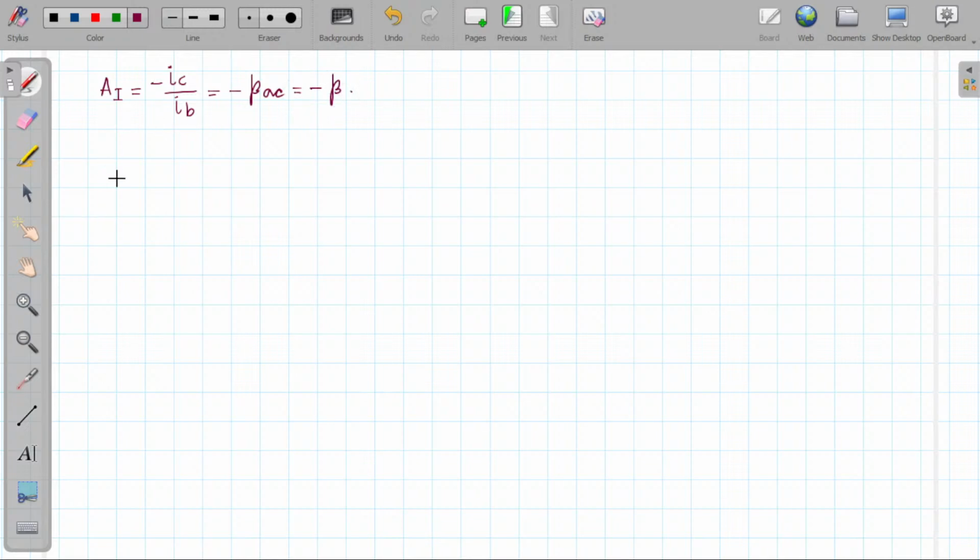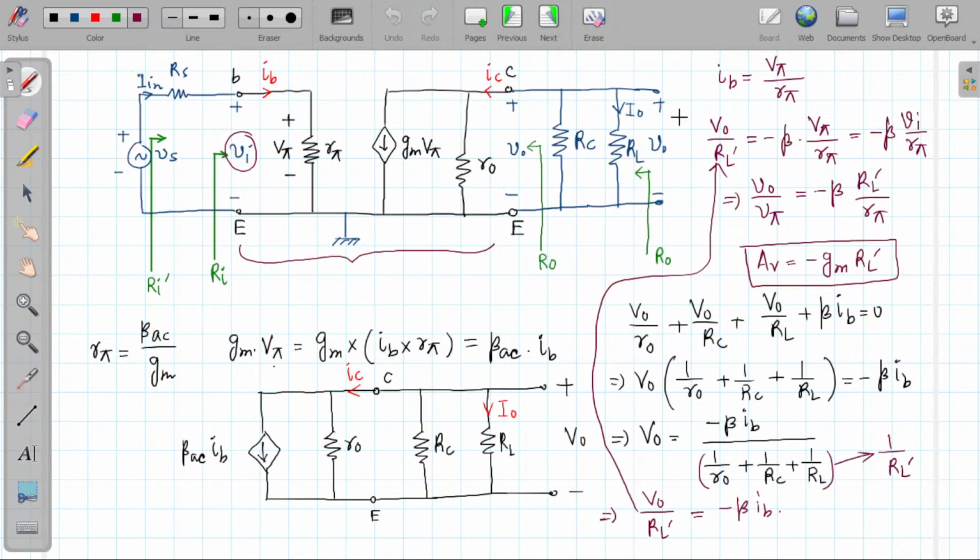If we want to find the input resistance of the bipolar junction transistor, that will be equal to Vi divided by the input current, and Vi is nothing but the V pi, and this is divided by IB. So V pi by IB, if I put the value of V pi that has already been found, V pi is nothing but IB into R pi.